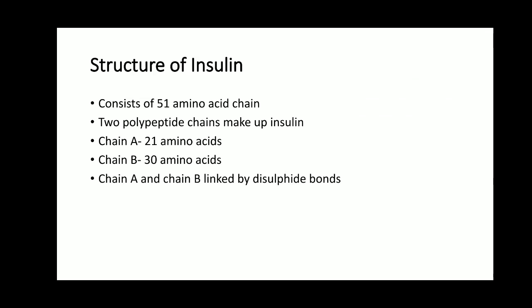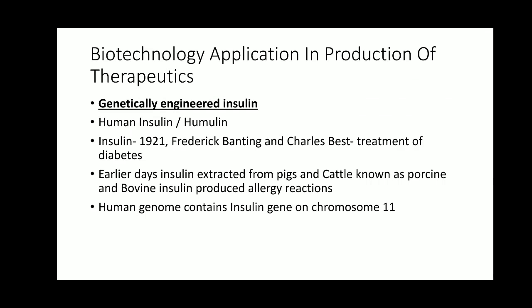So, in earlier days, in order to treat this, what was happening? To meet the requirement of external supply, we need a large production of insulin.